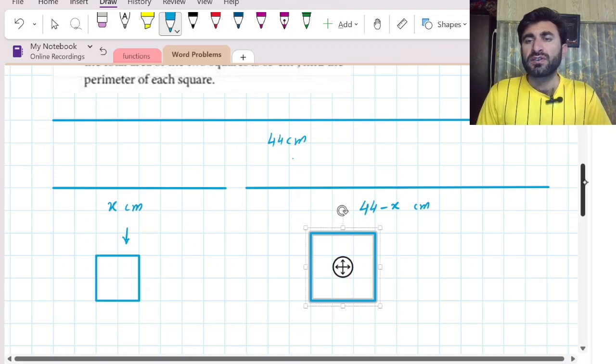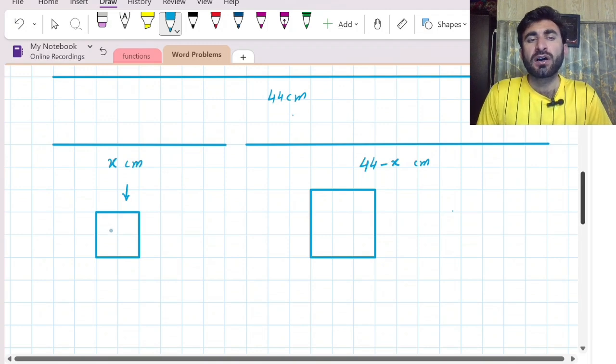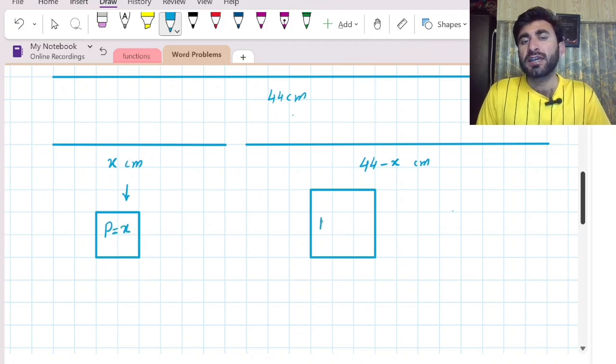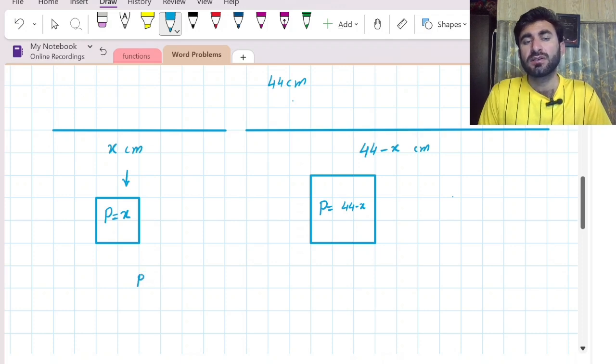So the thing we know over here is the perimeter of these two squares, because we changed the wire of length x centimeter into a square, so the perimeter of square will be x centimeters, and similarly the perimeter of second square will be 44 minus x, and in case of a square the perimeter equals 4 times its length.